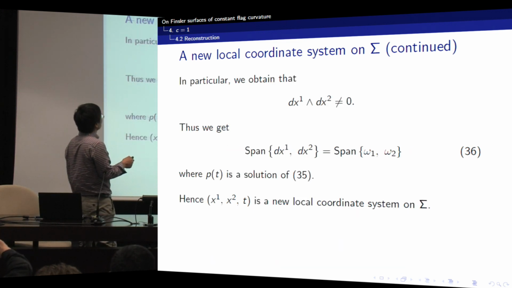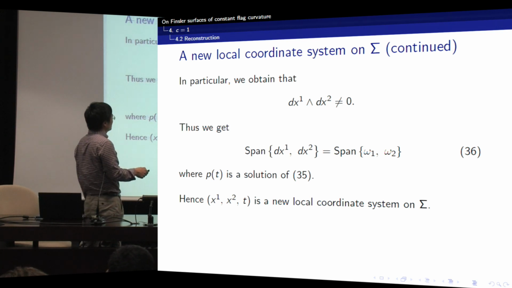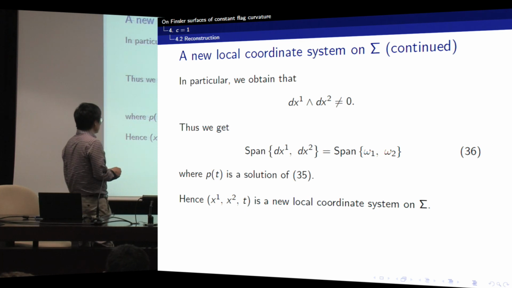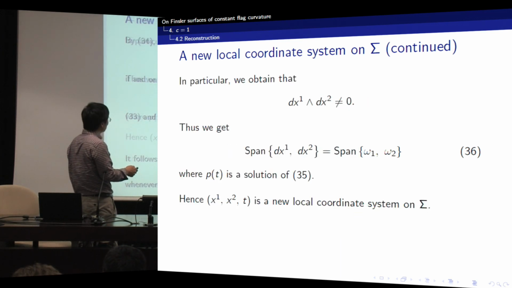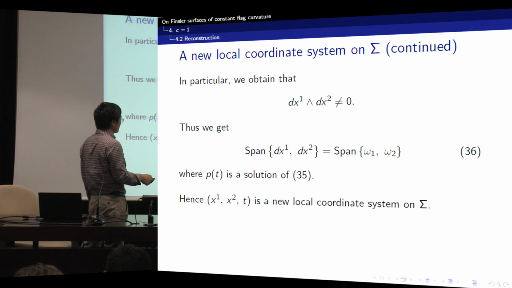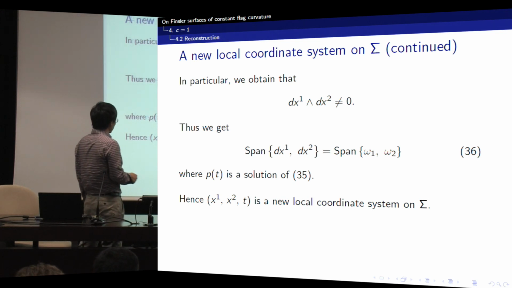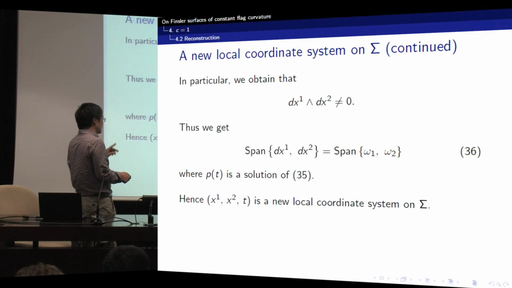In particular, we obtain that dx1 wedge dx2 is not equal to 0. Thus, we get the span of dx1 and dx2 is equal to the span of omega 1 and omega 2, where P(t) is a solution of 35. P is a solution of this ordinary differential equation. So we conclude x1, x2, t is a new local coordinate system on sigma. Here, x1, x2 is a local coordinate system on M.